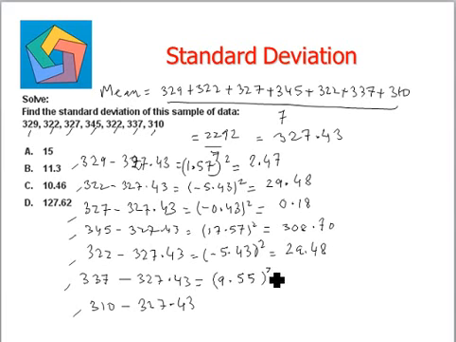The last one we have is 310 minus the mean. So here we have 310, sorry, 310 minus 327.43, which will give us negative 17.43, and when we square it up this will give us 303.80.